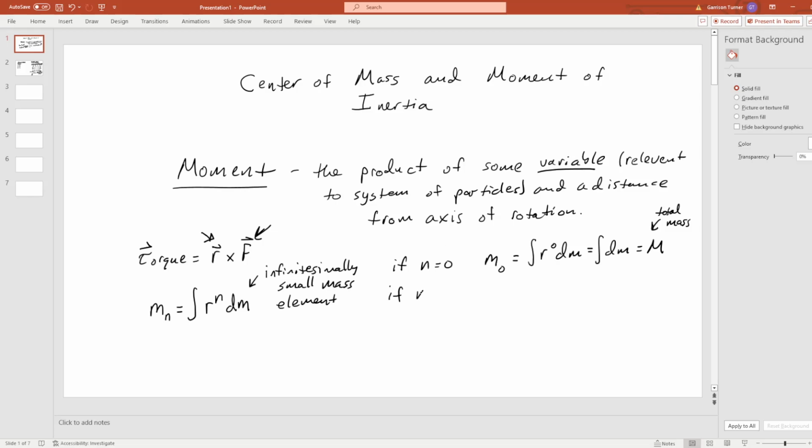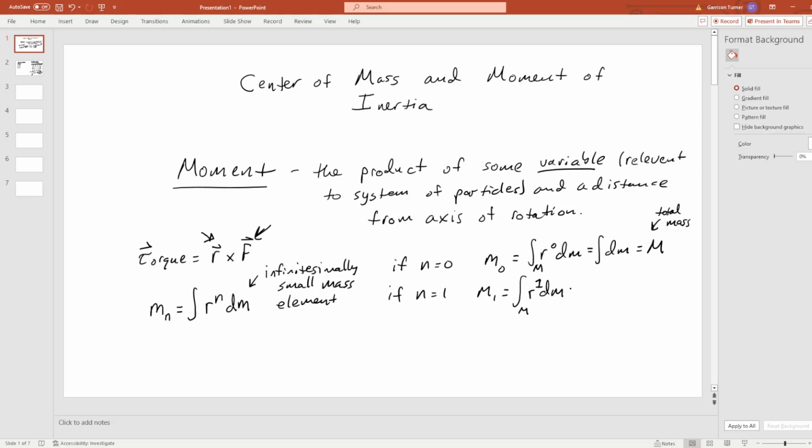If n equals 1, then your first moment of mass is equal to the integral of r to the 1 dm. And this is a 1, not a prime. Okay. And I guess I really should specify a capital M down here, indicating that you have to integrate over the entire mass.